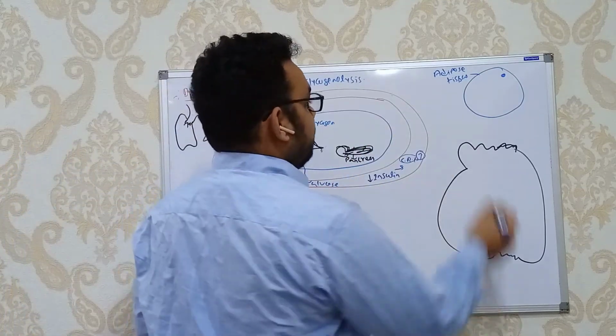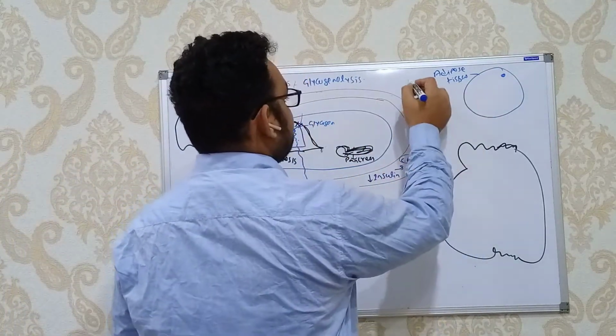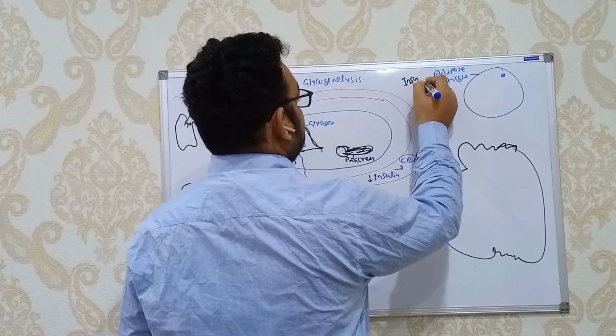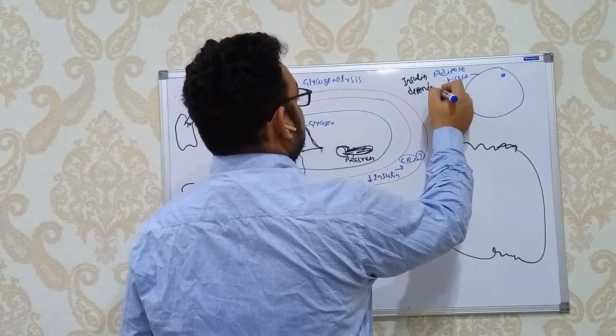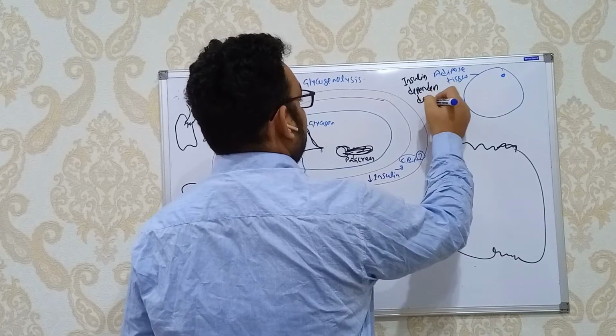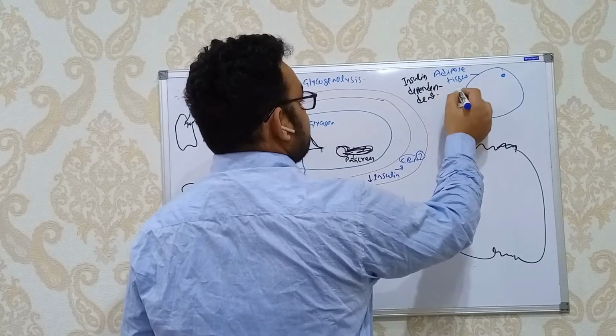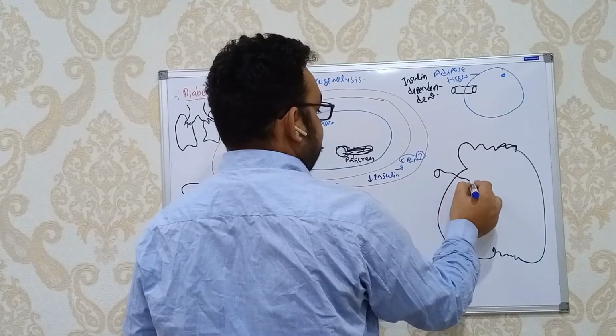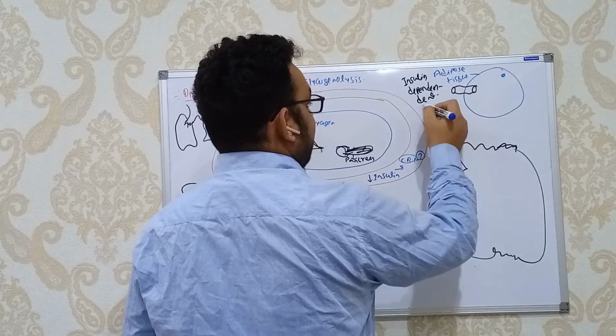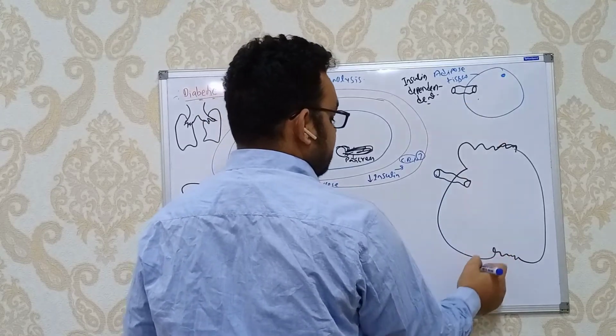Okay, we know that the insulin-dependent GLUT4 transporters are here. That means what? Here also, that means in the adipose tissue and in the muscles.